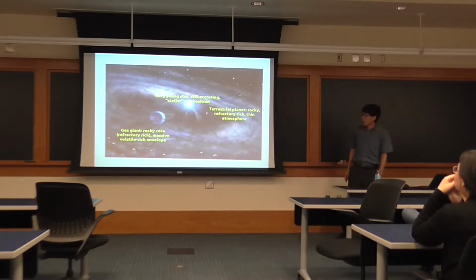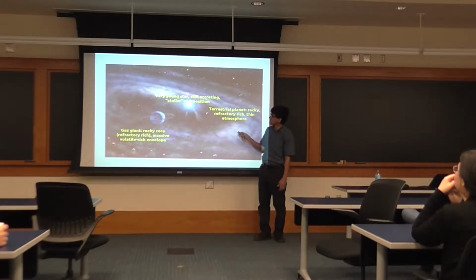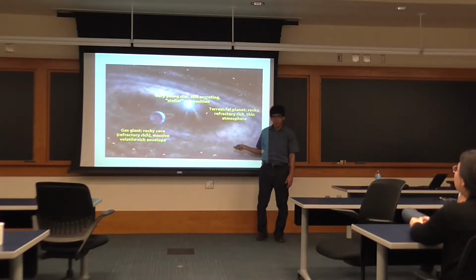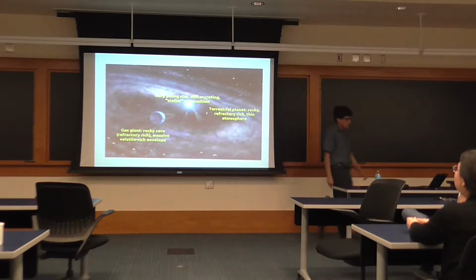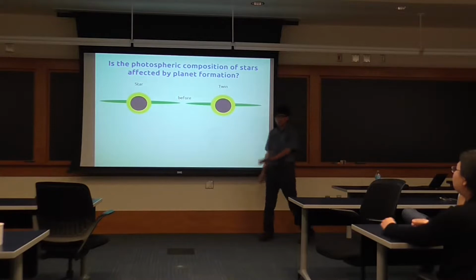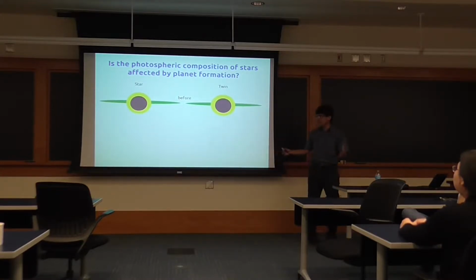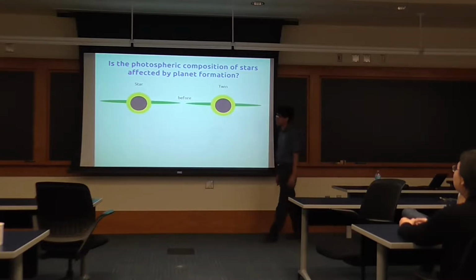So since all of this is happening at the same time, and the star is still accreting while these things are forming, it is not unreasonable to ask the question of whether planet formation imprints some sort of signature on the final composition of the star.